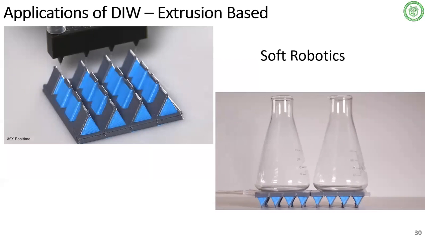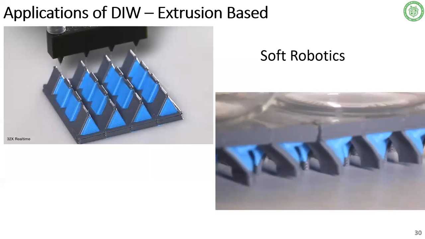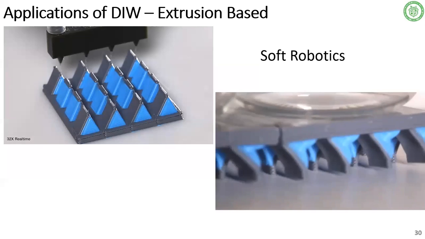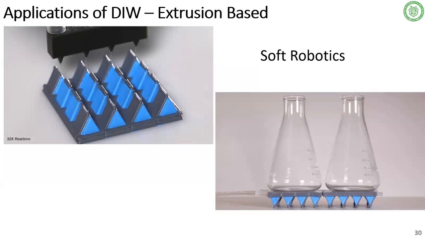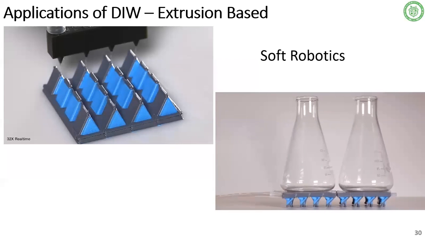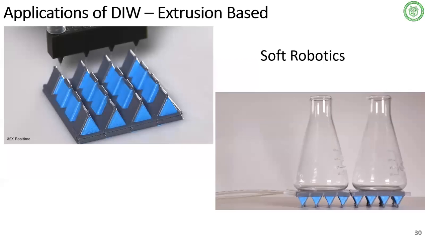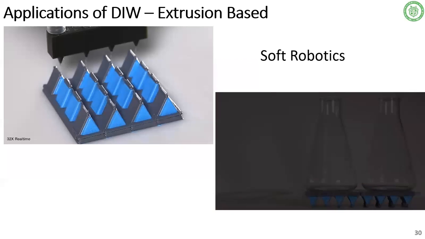This field is known as soft robotics, and this printing technology is widely used in it. It's a new emerging field. Soft robots can be pneumatically or electrically actuated, but they are usually inspired by nature as biomimics, and it's an emerging technology, biorobotics.